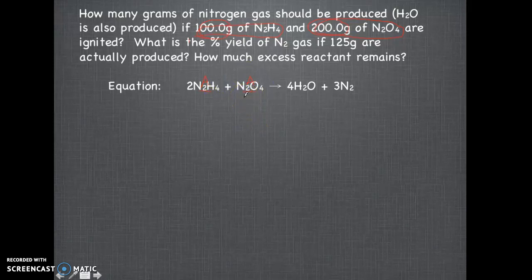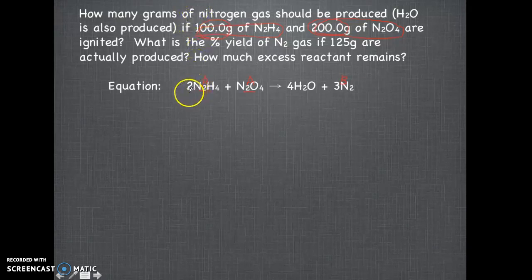Now, we need a B in order to carry out a stoichiometry problem. And we could get this B by looking at the question. It says, how many grams of nitrogen gas should be produced? So we're looking over here at the product side, and nitrogen gas is going to be our B. Okay, we only have one B here. So basically the issue is this.